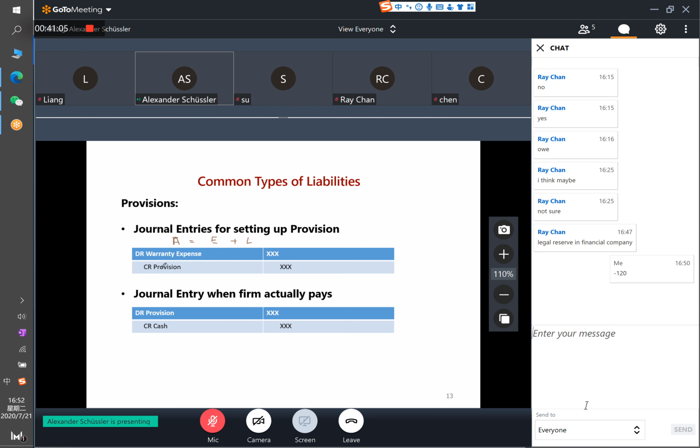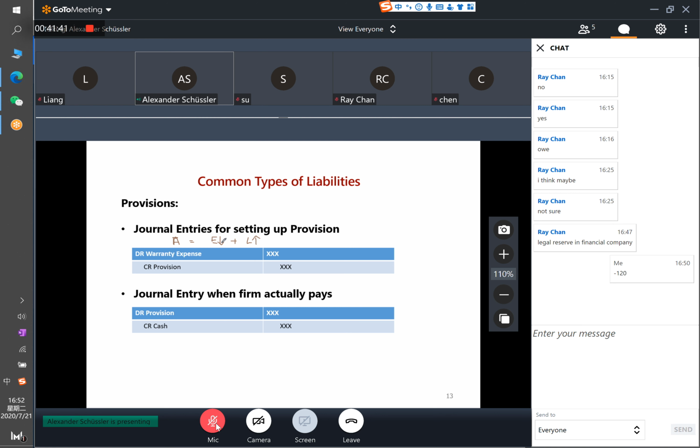When you debit a warranty expense and you credit a provision, what is an expense and which element is touched? Exactly, equity goes down. Very good. And liability, what happens to liability? Goes up or down? Exactly. Very good, Liang.